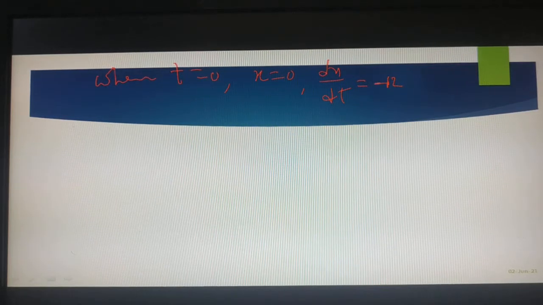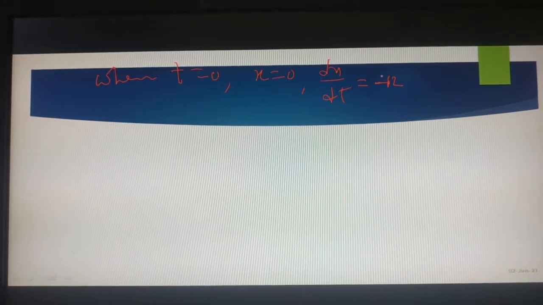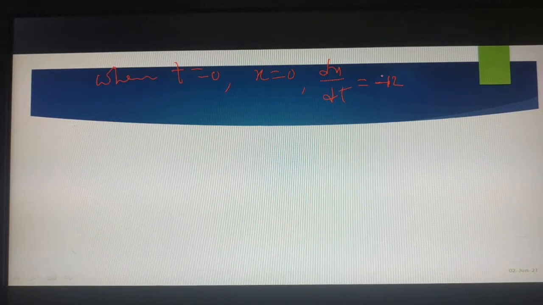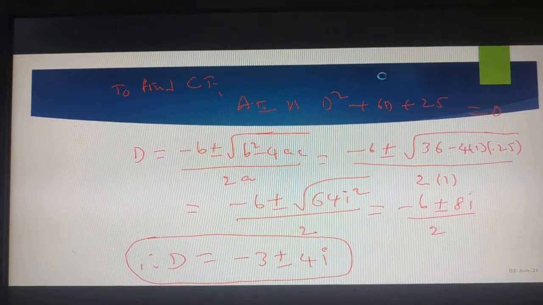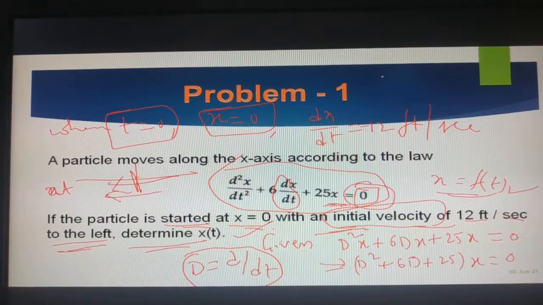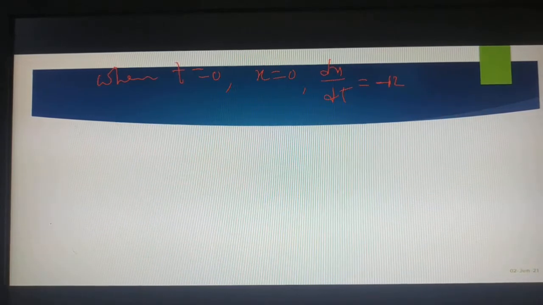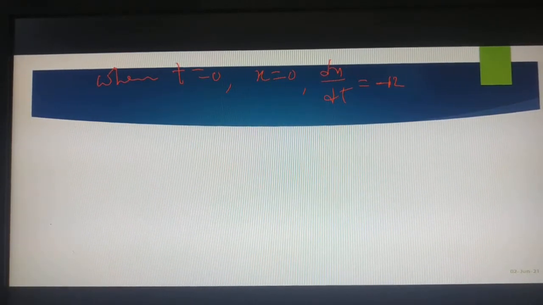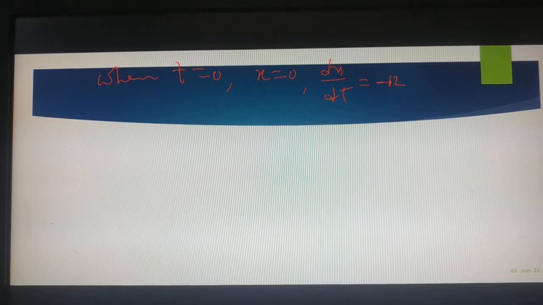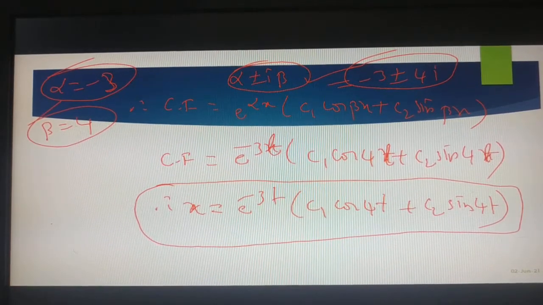They are given in the problem itself; I am not writing anything new here. How does it become minus 12? Because the particle is moving to the left side. They clearly mention it is moving to the left side, right? So when this is given, we can substitute these results in this problem.